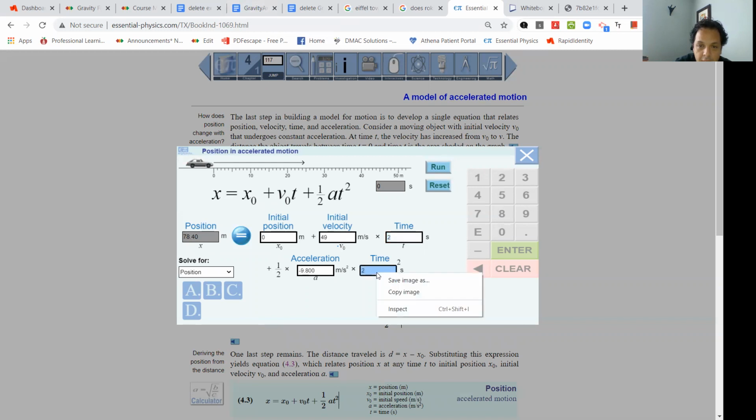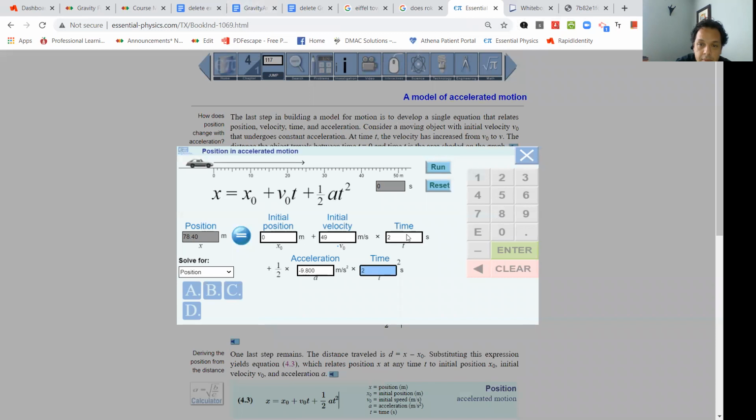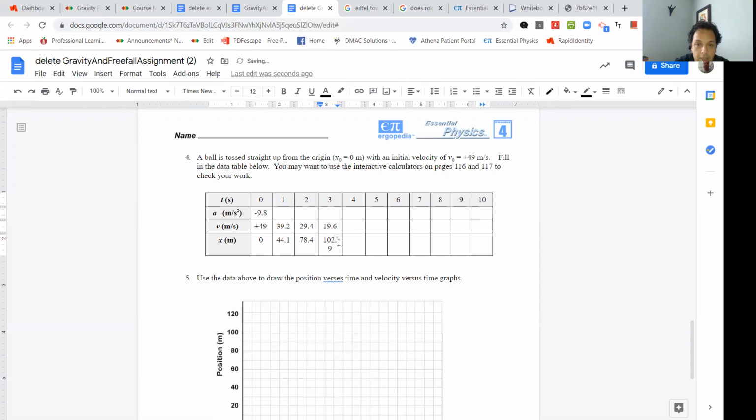And it changes the other time for you. And I got 78.4. And then what about time equals 3? $102.9. All right, so you can keep on going with that.